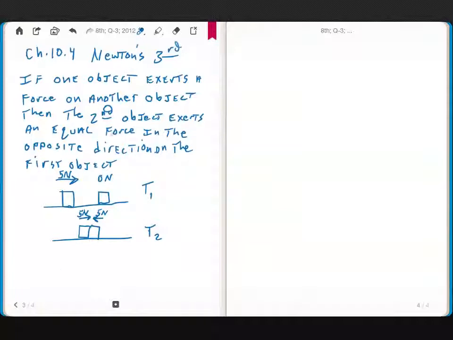This is an action-reaction pair. Basically, there is a formula for something that we call momentum.